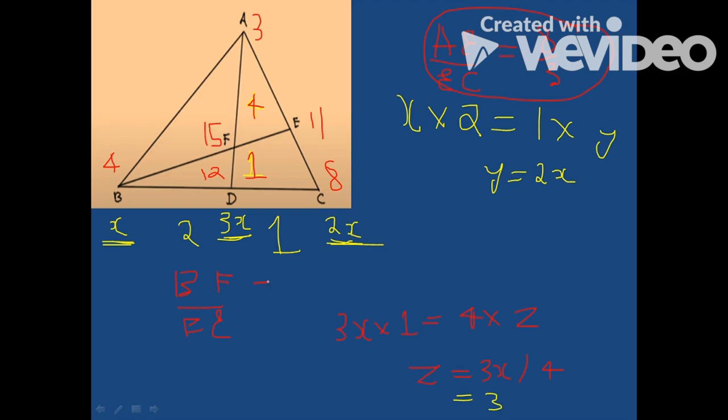So the ratio BF is to FE: BF will be proportional to 11 and FE will be proportional to 4, so it is 11 by 4. The value of BF by BE will be equal to 11 divided by the whole length, that is BE, which is 15. So this is the required answer.